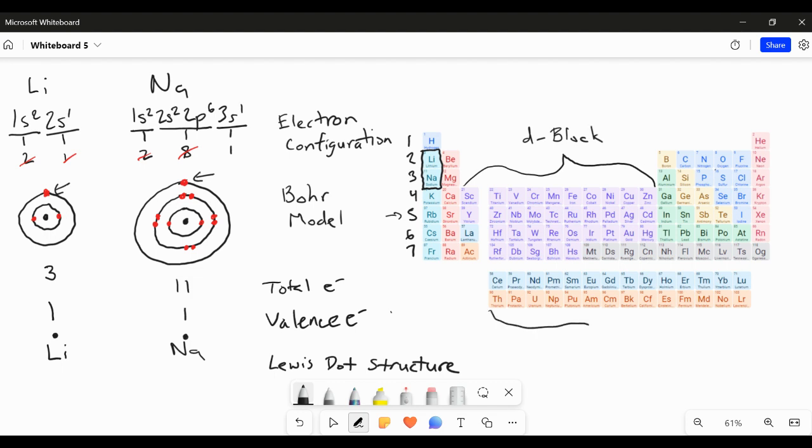And all of these in the F block over here, these are called the F block elements. Their electrons can never be valence electrons. So the most valence electrons you're ever going to have are 1, 2, 3, 4, 5, 6, 7, 8. Okay?